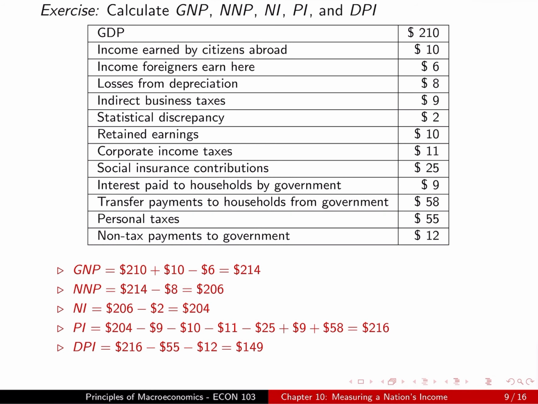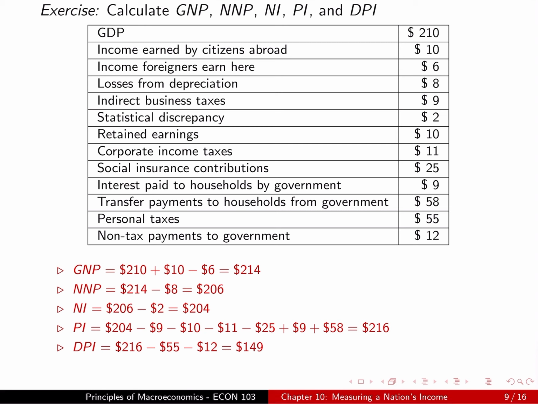In this exercise, let's calculate national income measures using the income approach. Step 1. Gross National Product, GNP. GNP equals GDP plus income earned by citizens abroad minus income earned by foreigners here equals $210 plus $10 minus $6 equals $214. Step 2.